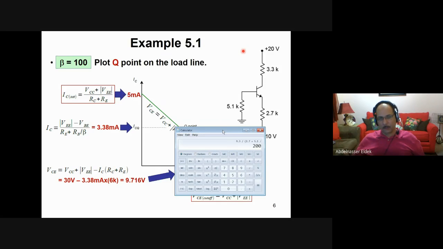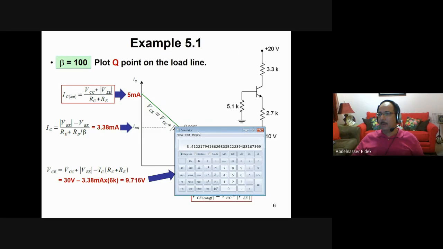Beta now is 200. Let's close the bracket and then hit equal. Then this current is 3.41 milliampere. So you see the difference now. This is 3.38, and when it is 200, it will be 3.41 milliampere.